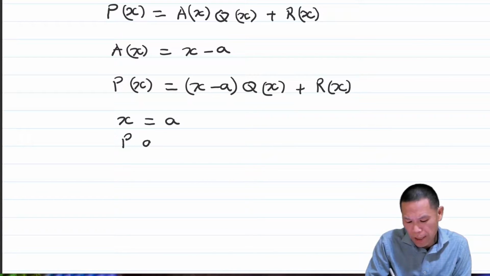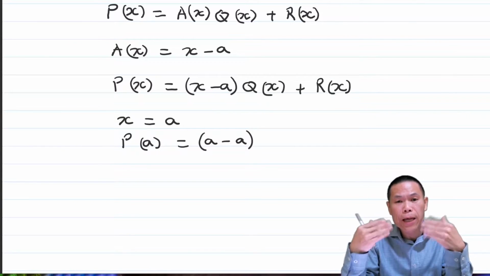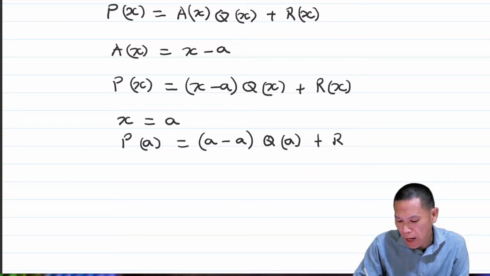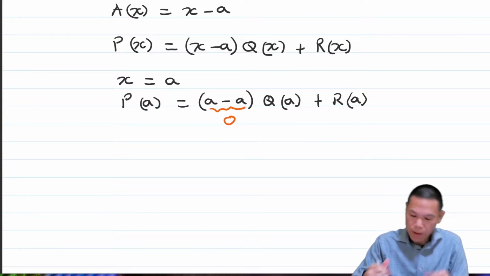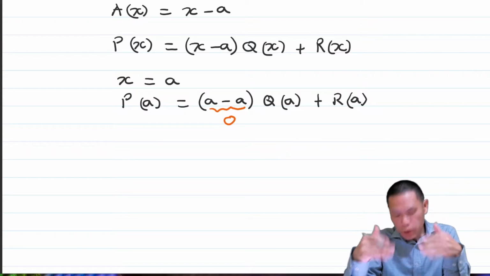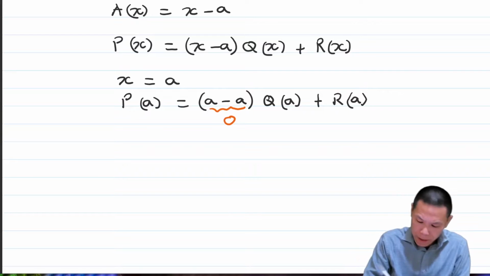p of a is equal to a minus a, because we replace x with a, times q of a, plus r of a. So p of a is equal to 0 times q of a plus r of a.